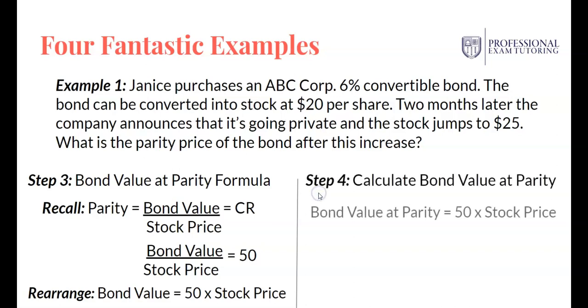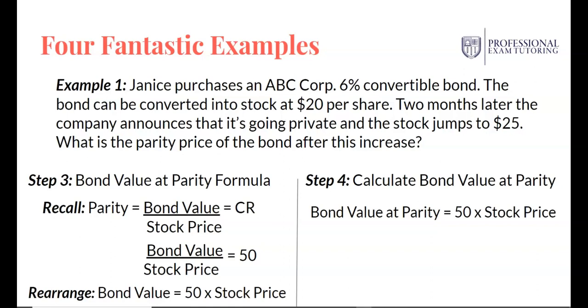Okay, so let's move on to step 4. We're going to calculate the bond value at parity. So we have our formula: the bond value at parity is equal to 50 times the stock price. Remember, 50 is our conversion ratio. We get 50 stocks for every bond that we own. So if we take the 50 stocks that we have and multiply them by the new stock price, that should get us to our bond value at parity.